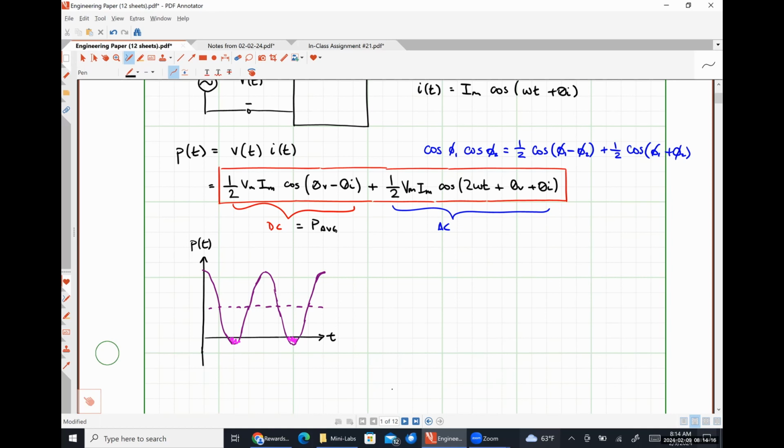Yes, sir. So if we look at this amplitude here, I think I'm understanding your question, right? We have this distance, which is about 2.5 units from the peak value to the average, and I should have this distance, which is also about 2.5 units from the bottommost peak to the average.